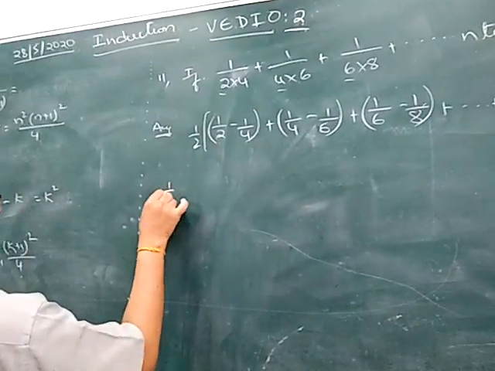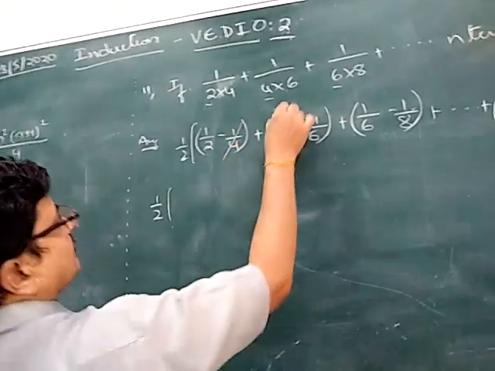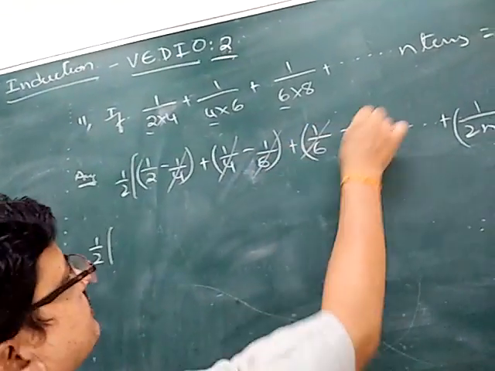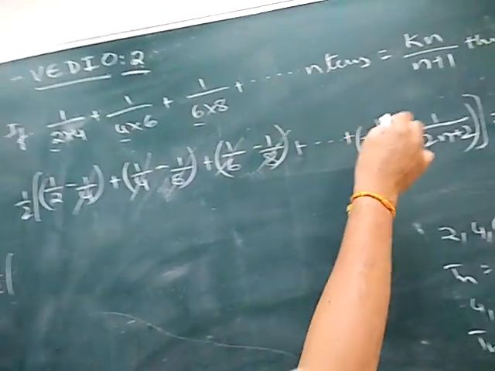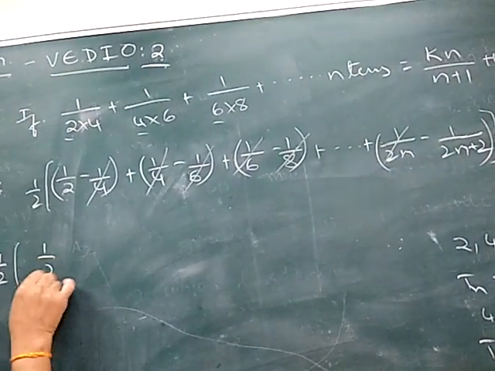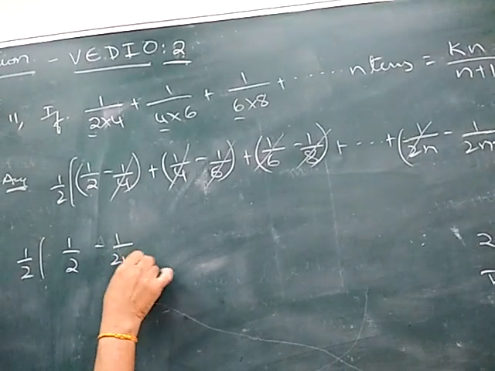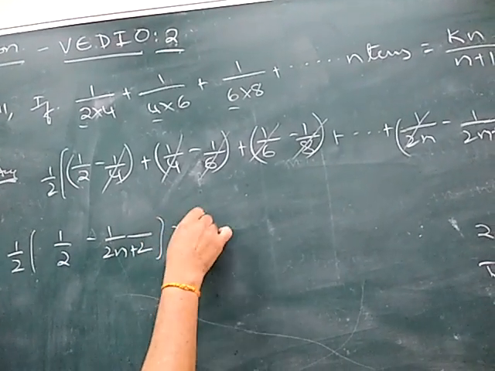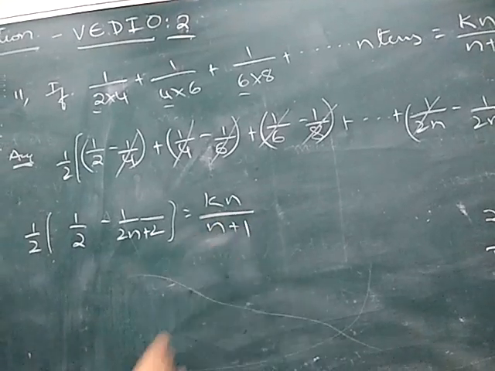Now this is 1 by 2 minus 1 by 4 plus 1 by 4 minus 1 by 6, all are cancelled. Now this is 1 by 2 minus 1 by 2n plus 2, that is equal to k into n by n plus 1.